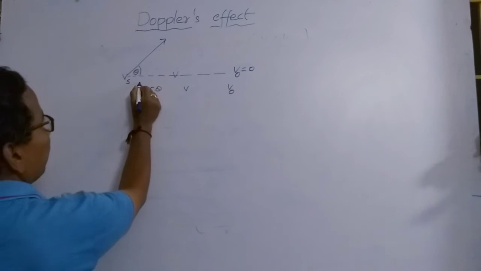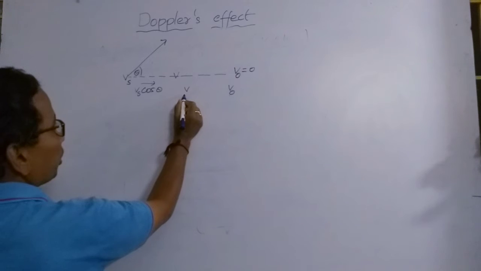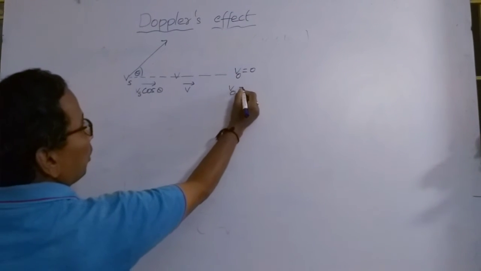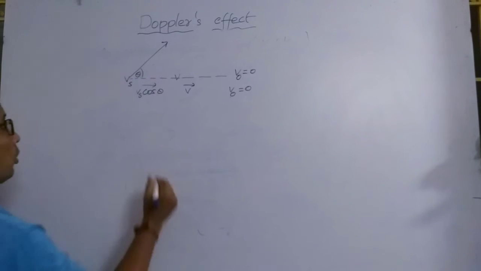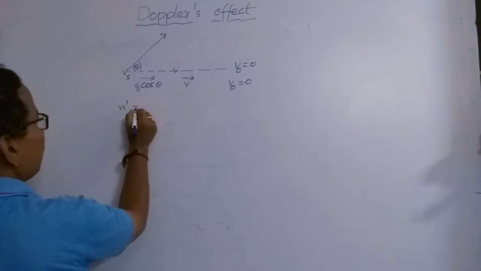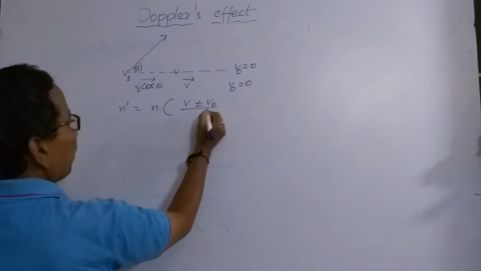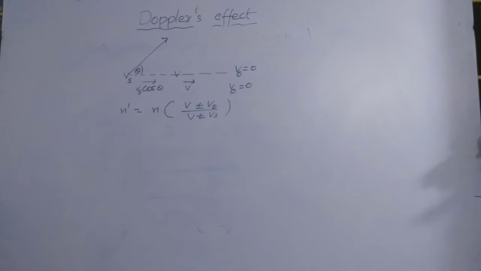Vs cos theta is approaching the observer, but what is the direction of sound? Always directed from source to the observer. Suppose this is 0, this is 0. In this situation, n dash is equal to n into (v plus or minus v naught) by (v plus or minus vs).